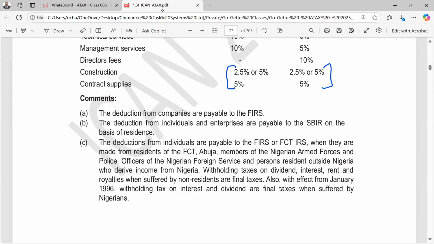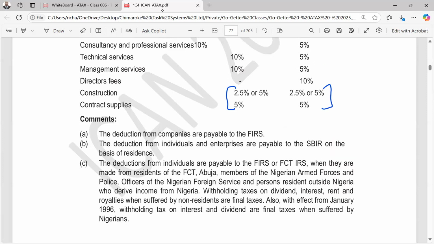Withholding tax on dividends, interest and rents, which is DIRO, and royalties when suffered by non-residents are final tax. Also, with effect from January 1996, withholding tax on interest and dividends are final tax when suffered by Nigerians.